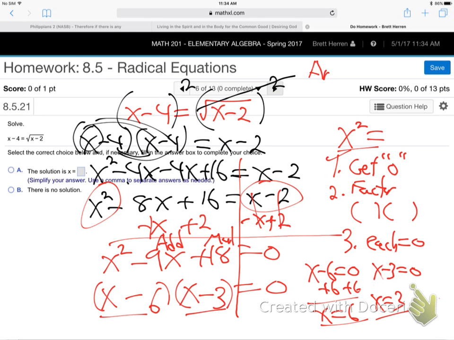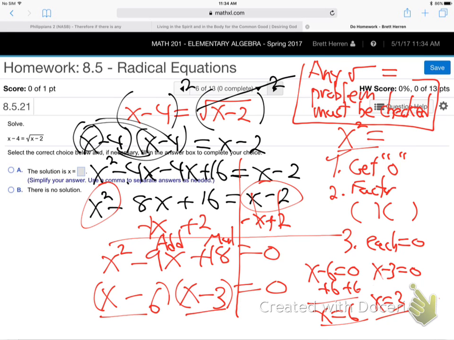Let me just put it at the top. Any square root with an equals problem must be checked. Is that on the screen? Yeah, I'll just say must check.